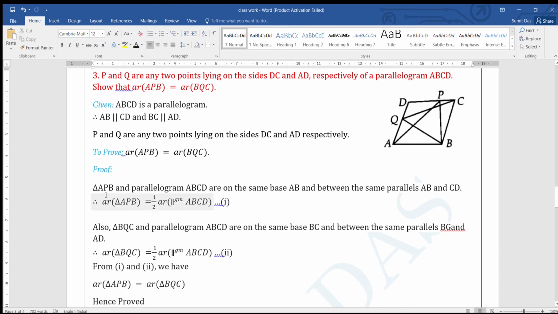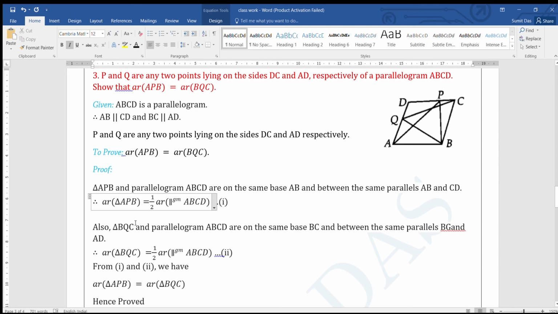So triangle APB and ABCD parallelogram are on the same base AB and between the same parallel lines AB and DC, right? Therefore APB will be equal to half of ABCD parallelogram area. That's what we learned in theorem 9.1. So we wrote area of triangle APB equal to half of area of parallelogram ABCD.